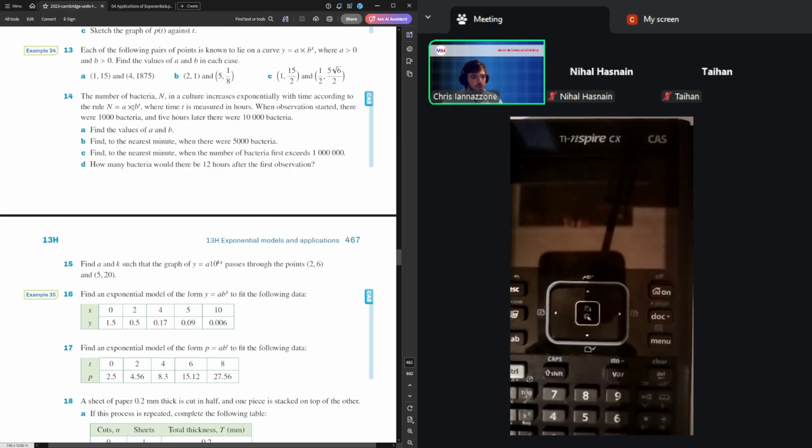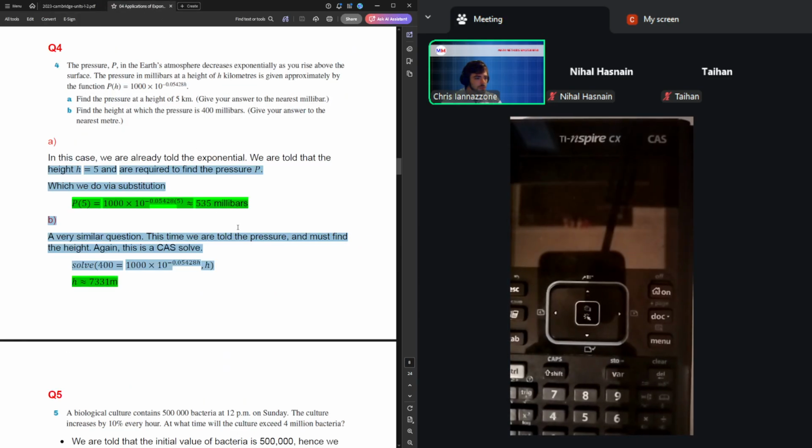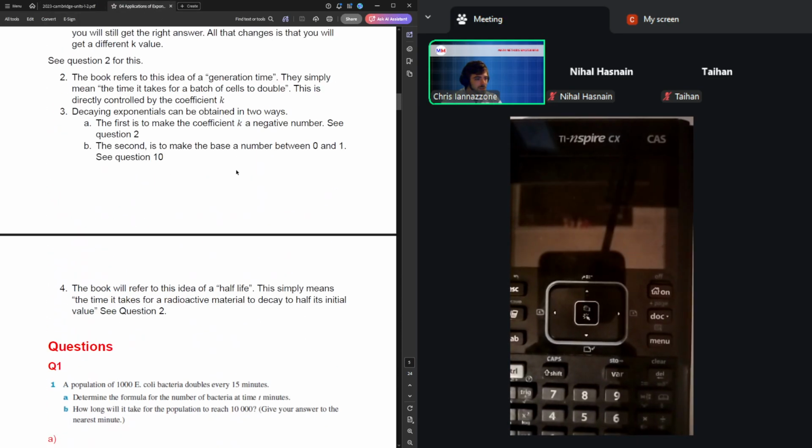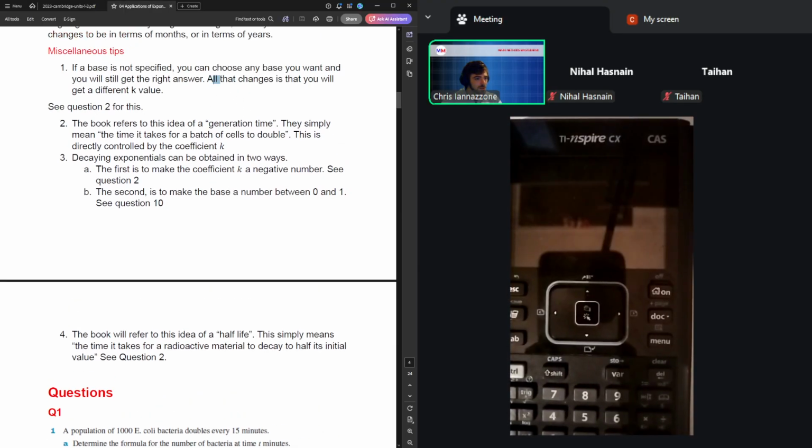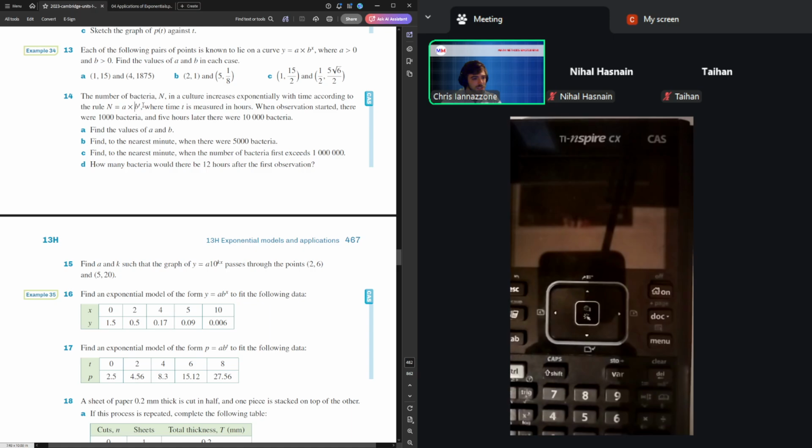So the idea of us being able to set our base as whatever we want is no longer valid here, because the condition under which we were able to set our base to whatever we want was based on the fact that the K value that you would get would compensate for it. So if we can't compensate with K, we have to do something proper with the base.